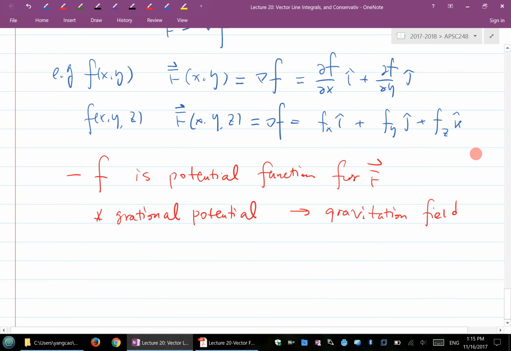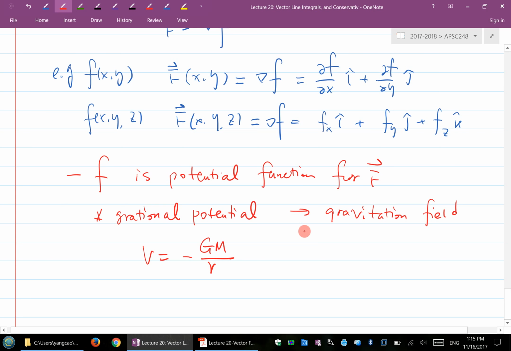For example, the gravitational potential function is V equal to negative GM over R. G is the gravitational constant, M is the mass of the Earth, and R is the distance from the center of the Earth to wherever the location is.